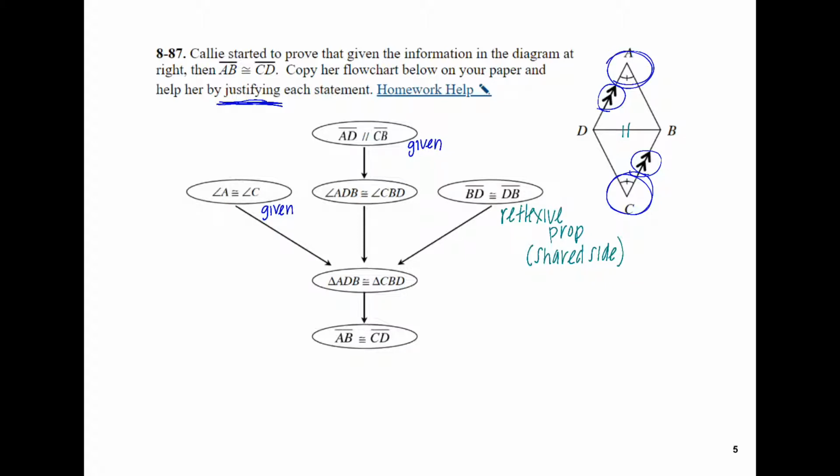And then we have angle ADB is congruent to angle CBD. So we know that if we have parallel lines, which is given above, our alternate interior angles are congruent.